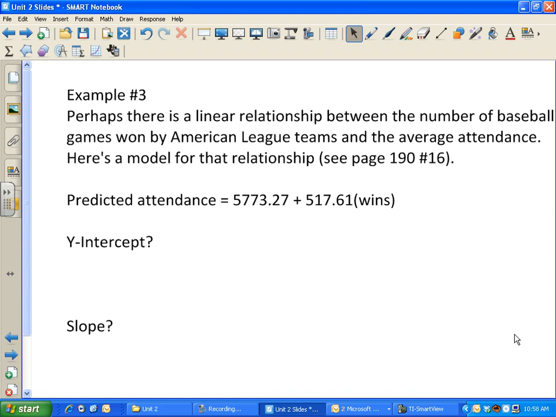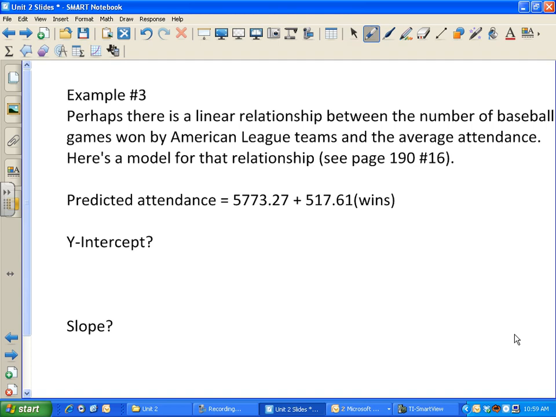Perhaps there's a linear relationship between the number of baseball games won by American League teams and the average attendance. This is actually in your book, page 190, number 16, if you want to take a look at the data. And here's the equation or the model we end up with. We think we can predict the attendance by taking 5,773.27 plus 517.61 times the number of wins, probably in a season.